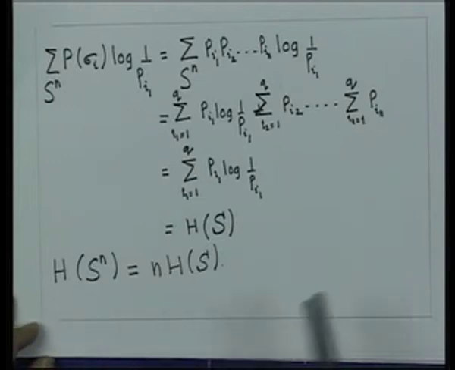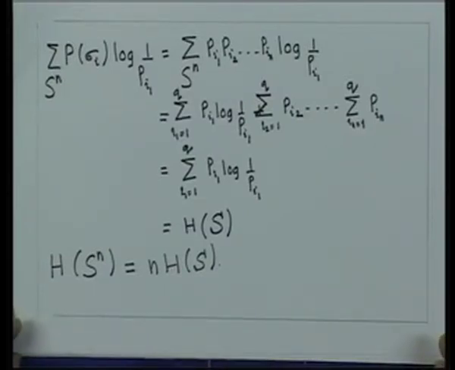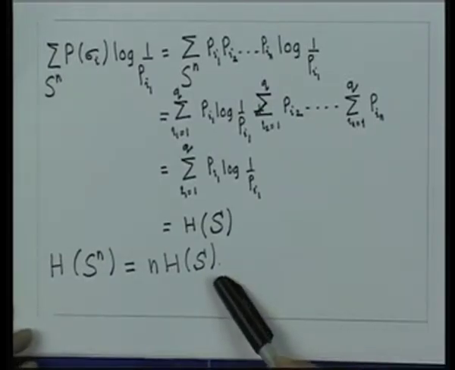This we had seen with the example where I had n equal to 3 and we verified the same thing. As I have said, the motivation for studying the nth extension of a source will be when we are trying to code a zero memory source and we want to design efficient codes. We will have a look at this a little later in our course.